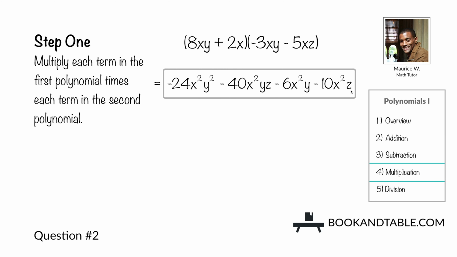And since none of these are like terms, and it's already in standard form, degree of 3, degree of 3, degree of 4, and degree of 4, then the final answer is negative 24 x squared y squared minus 40 x squared yz minus 6x squared y minus 10x squared z.